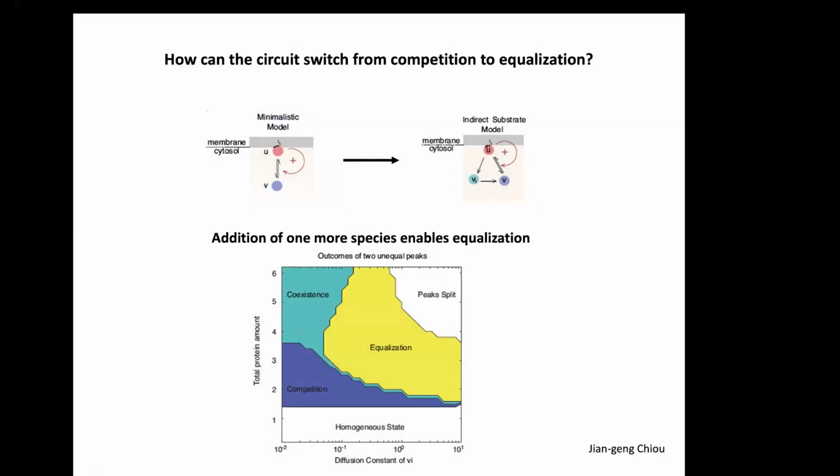If it diffuses too slowly, it converts back to substrate right under the first peak, and you get competition. The other way to think about it: if it diffused infinitely fast, you would degrade some of the U from the peak and synthesize V everywhere, which is also a way to make them independent and reach the same result. Yeah. Okay. Thank you.